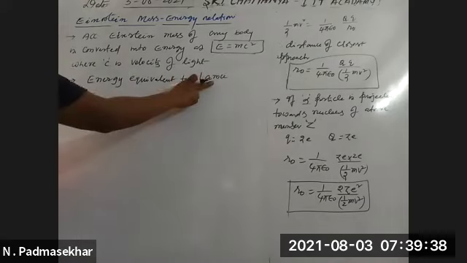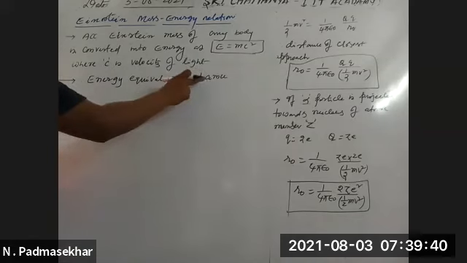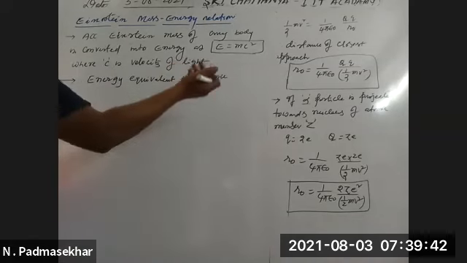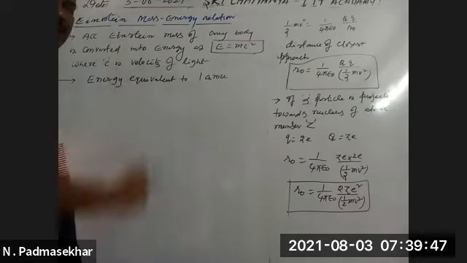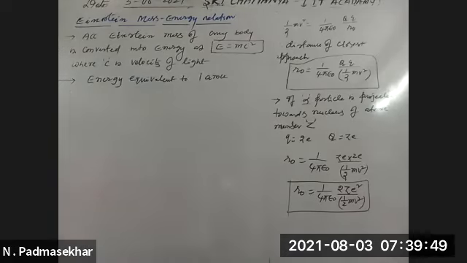If 1 AMU of mass is converted into energy, how much energy is released?